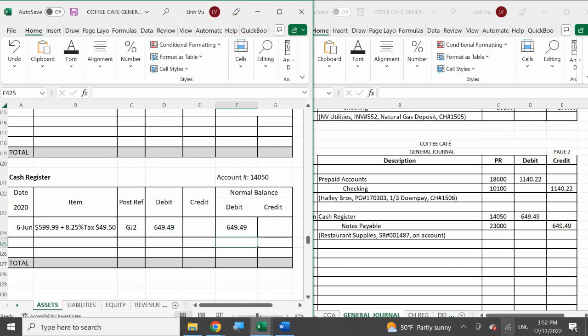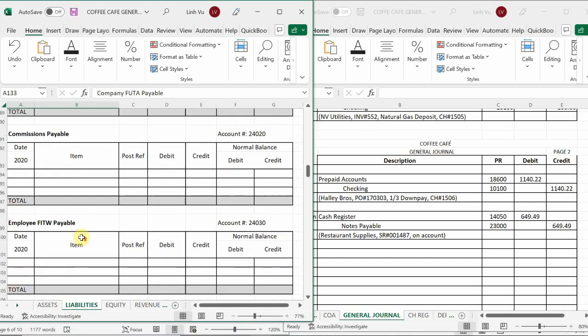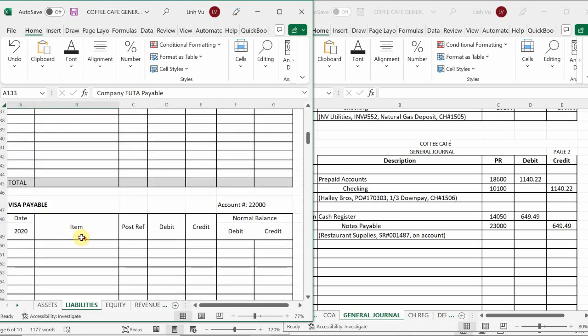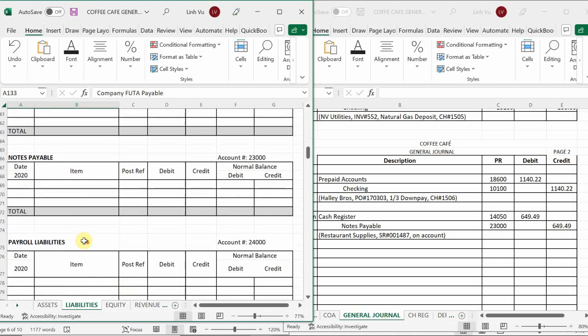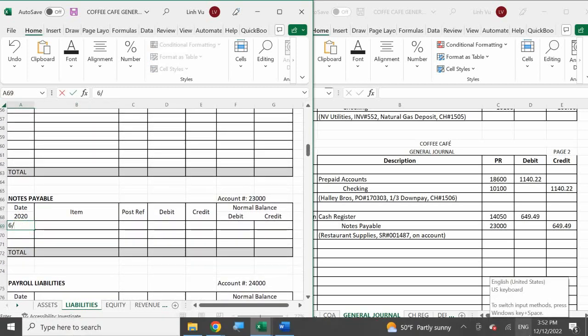Now I need to update my liabilities. This is the first liability that we have acquired. In this case, accounts payable, Visa payable, notes payable. This is where you can also put in your description of why you have a notes payable.